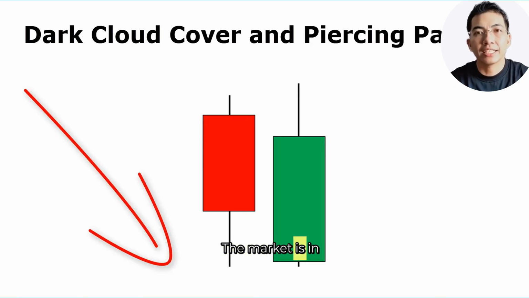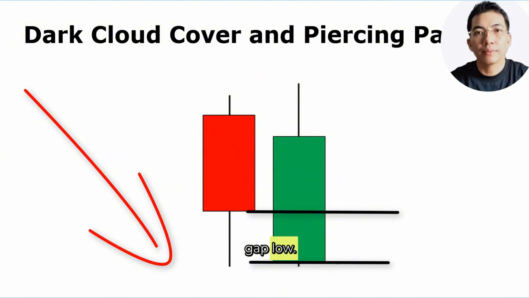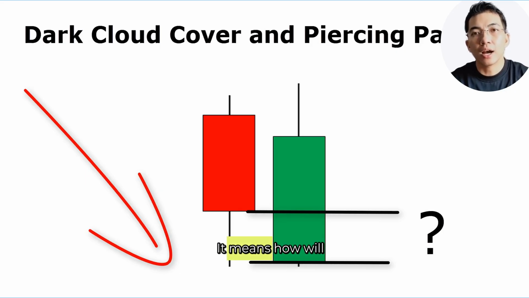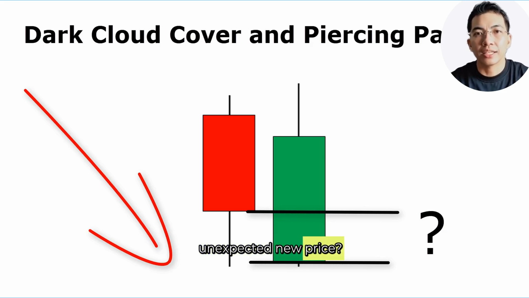Let's start with what this pattern is saying to us. The market is in a downtrend and the first candle of the piercing pattern is confirming the downtrend. When the market opens again, there is a gap low. This gap low can be considered as a question mark. It means how will traders react to this unexpected new price?